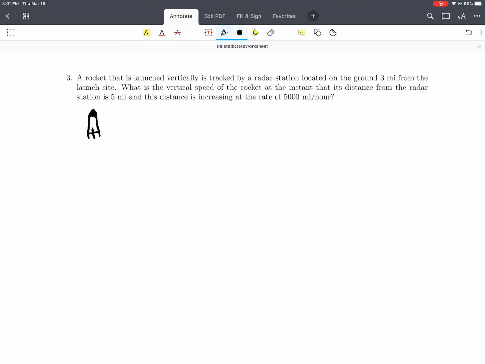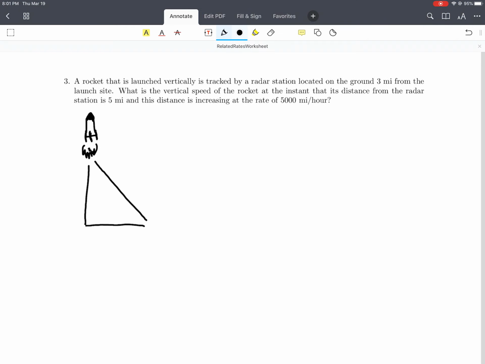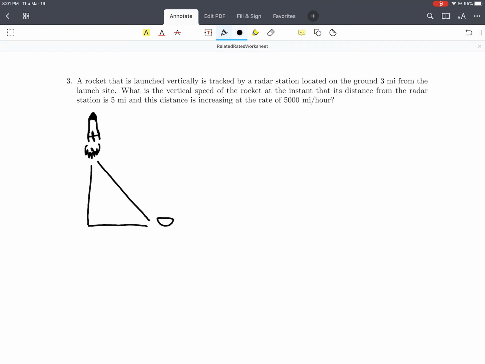So here's my wonderful picture of a rocket. And we know that this rocket is some distance off the ground. We also know that it's some distance away from a radar station. And notice we've kind of got three separate distances here, right?